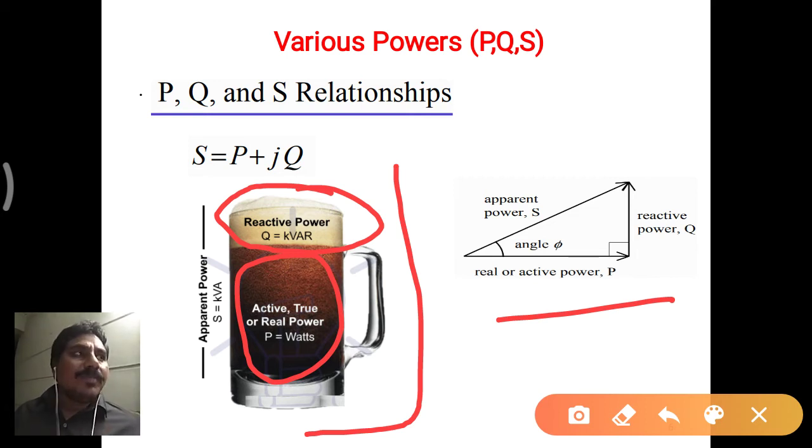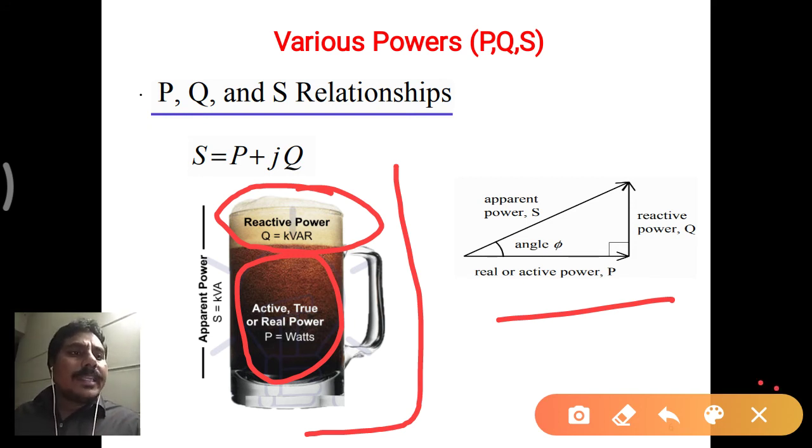The active energy is consumed by the element, and Q gives the support to do that useful work in the system. So these are the relations between the various powers: active power, reactive power, and apparent power.